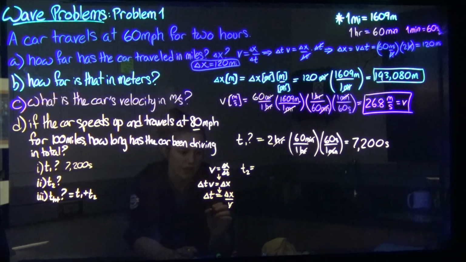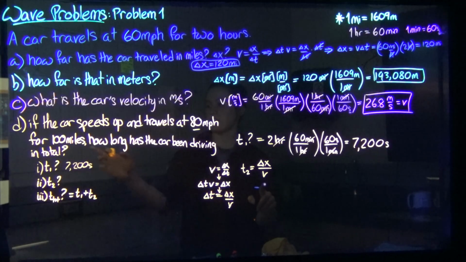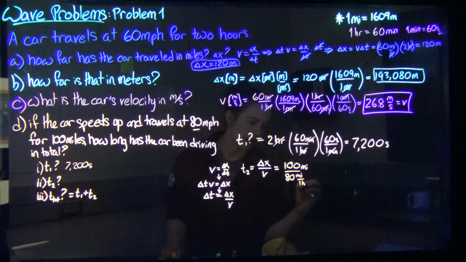So we're going to use this to find T2. So it's delta X over V. So delta X is 100 miles. Always include your units. And our V is 80 miles in 1 hour.